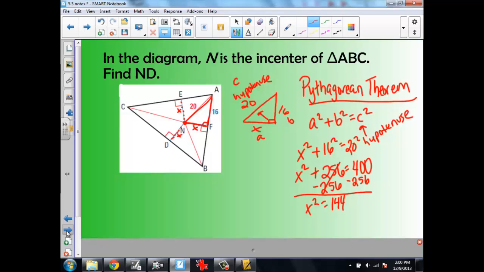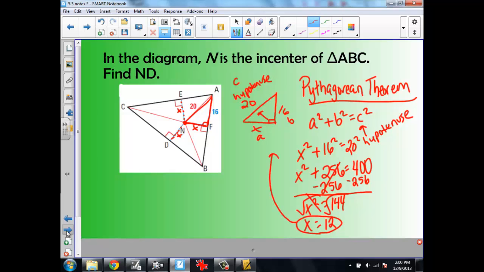Instead of squaring a number, what's the opposite of square? Who said it? Say it. Yeah, good, Taylor. Find the square root. So those cancel, and I'm now just left with x. Square root of 144 is 12. You guys know those because we've been working with those. Look at that. X is 12.